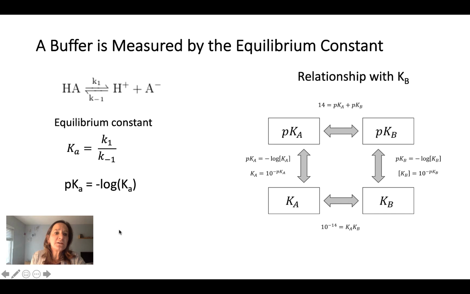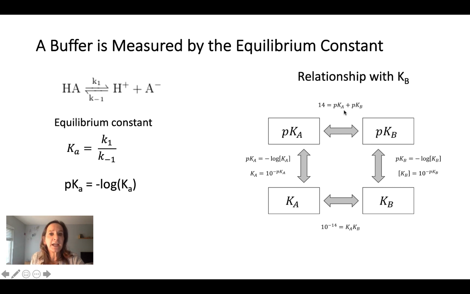We can take the negative log of this, very much the same as we did the pH or the pOH. We call it the pKa. If we were to do the same thing with the conjugate base, weak acid side of it, we would call it the pKb. The relationship between the pKa and the pKb in any solution is the same as the pH and the pOH.